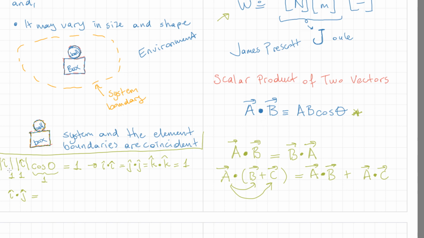So again, magnitude of i times magnitude of i times cosine 0, which gives us 1.